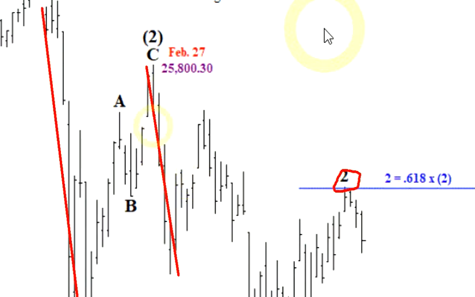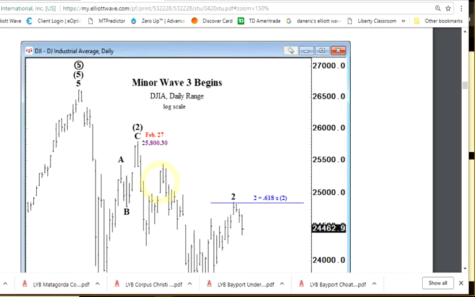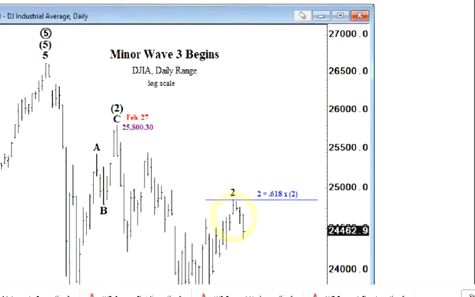So in other words, this one down corresponds to this 2, and this one down corresponds to this 2. So we've had a large degree 1, 2, 1, 2, and of course the next move is 3. In fact, they show 3 has already started here.